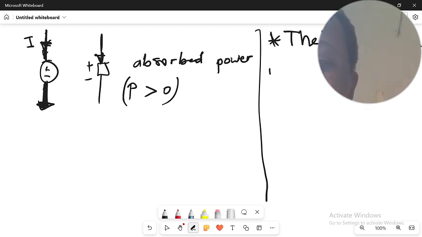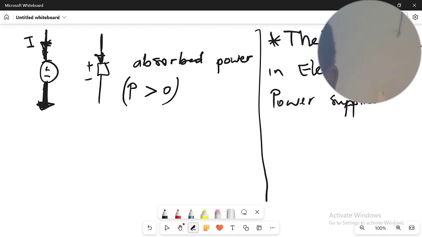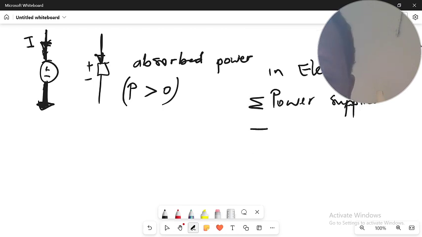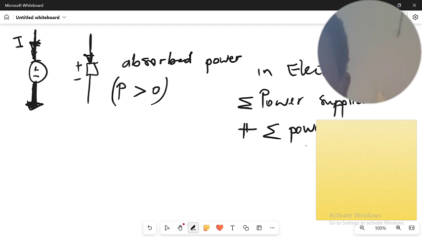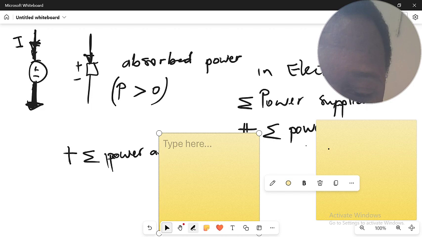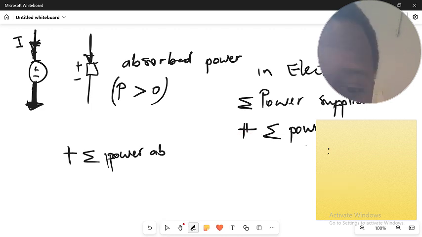In an electric circuit, the summation of the power supplied plus the summation of the power absorbed is going to be equal to 0.